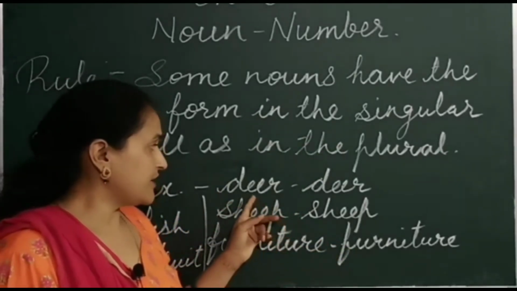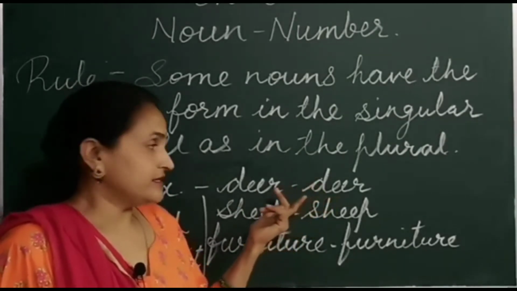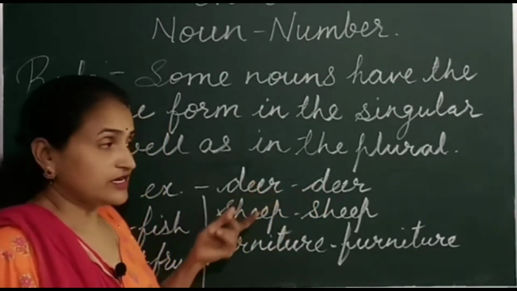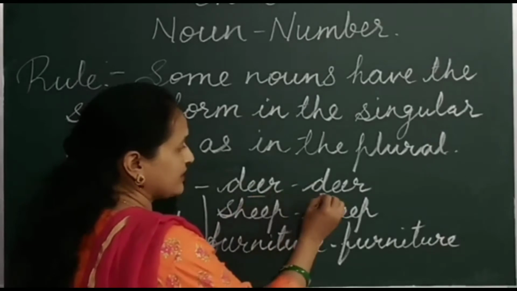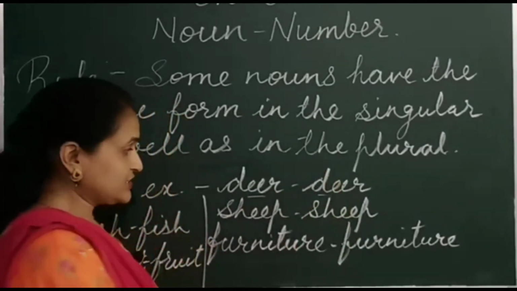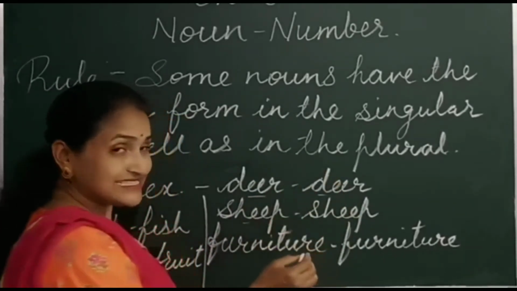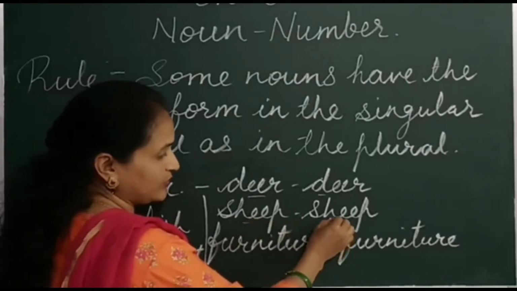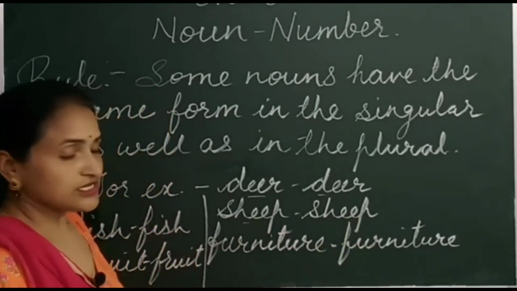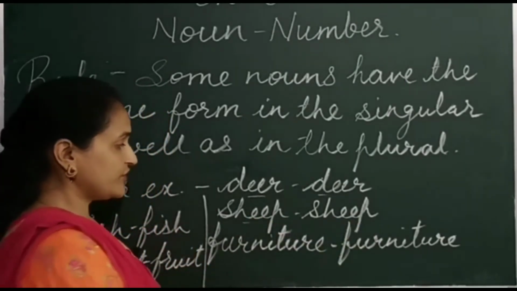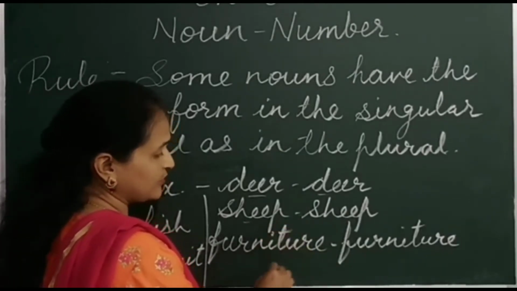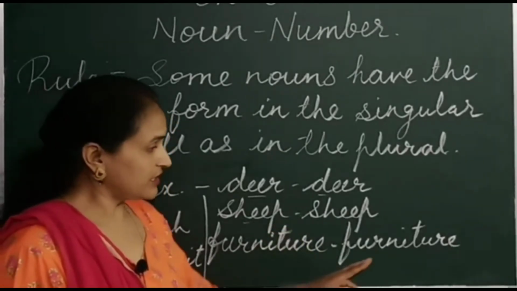Deer does not have its plural, and the noun deer is the same in singular and plural. Like sheep. Sheep is the same in singular and plural form. Furniture. The noun furniture is also the same in both forms, singular and plural.